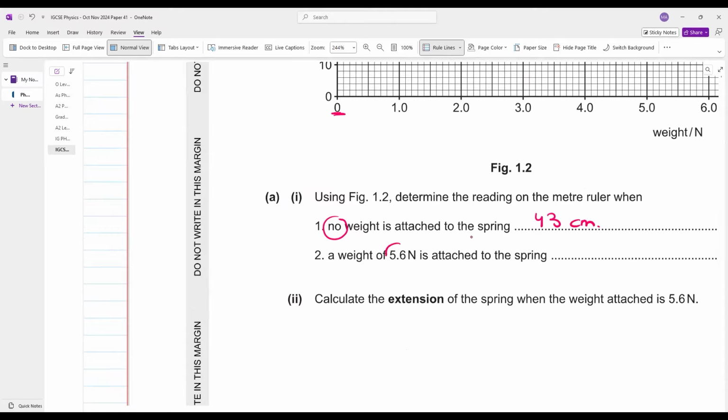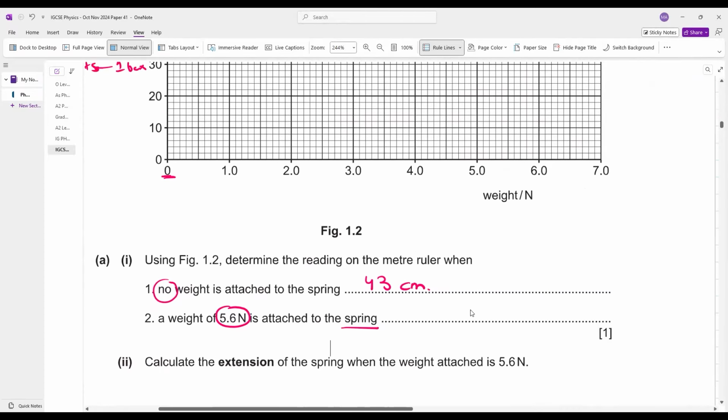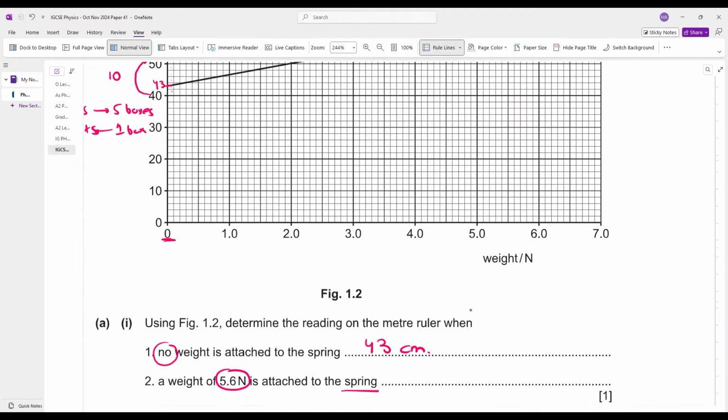When a weight of 5.6 Newton is attached to the spring, what will be the reading? From 5 to 6 Newton you are covering 1 Newton in 10 small boxes. One box will be equal to how many Newton of weight? 0.1 Newton.